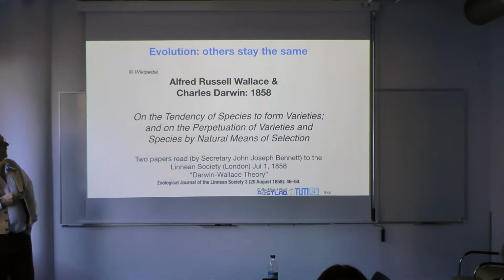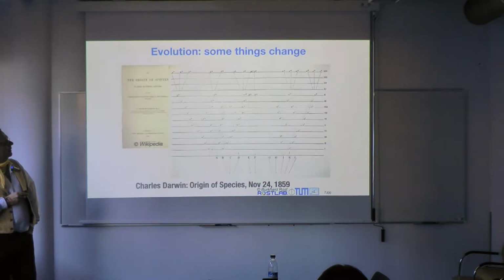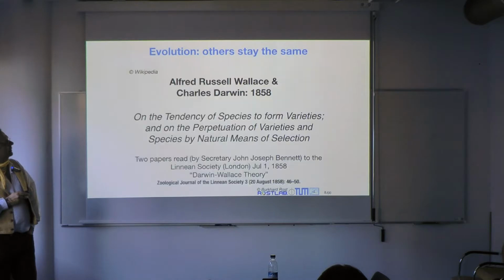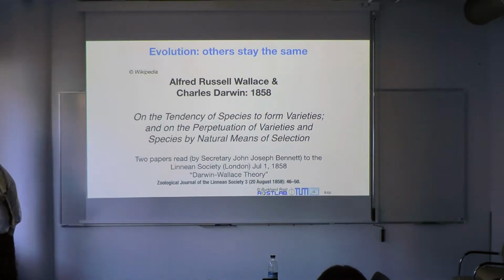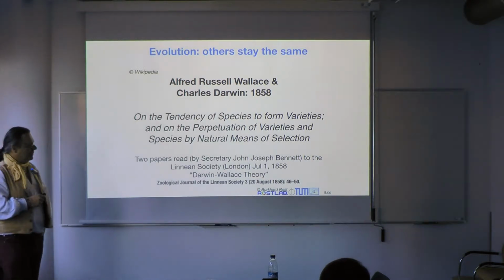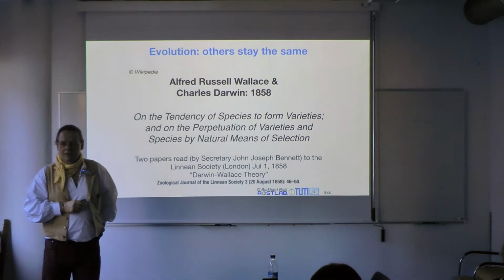By the way, this idea that evolution is change was published in 1858. Some of you may know that The Origin of Species, or may have seen that from the previous slide, is 59.